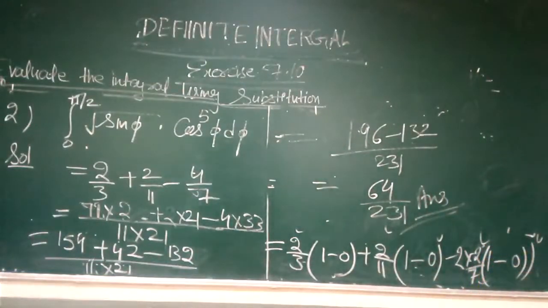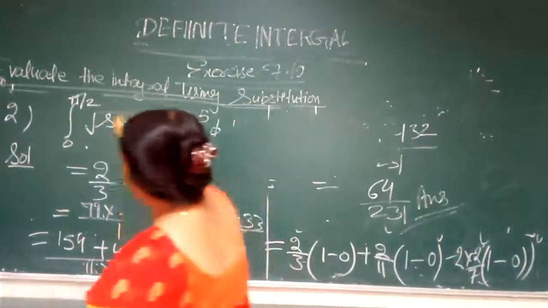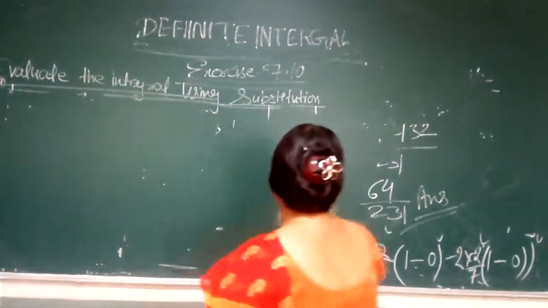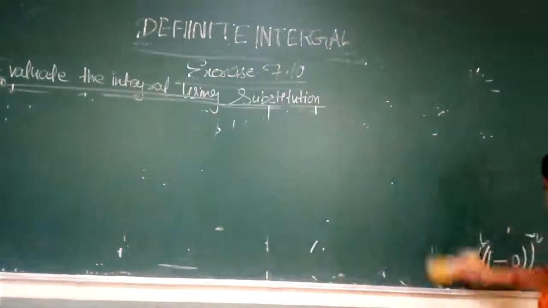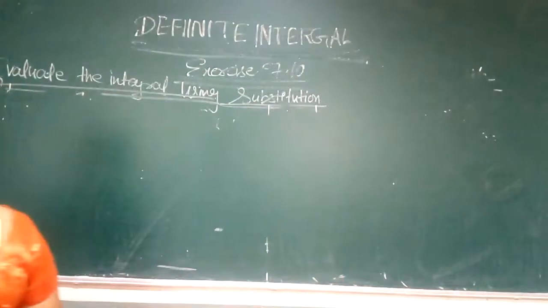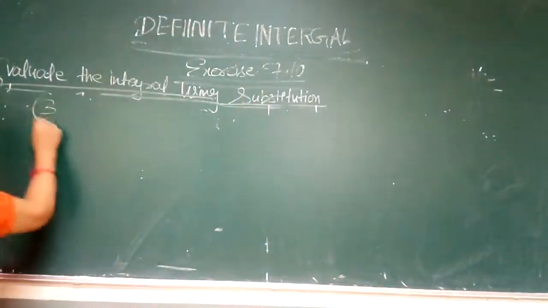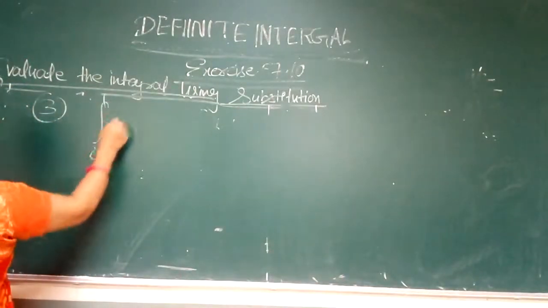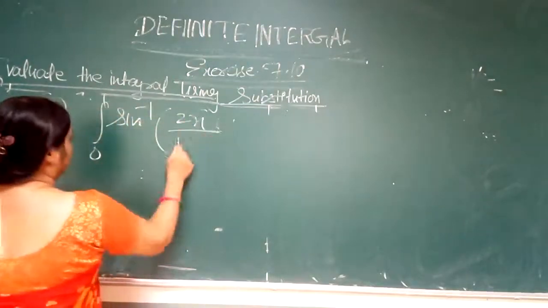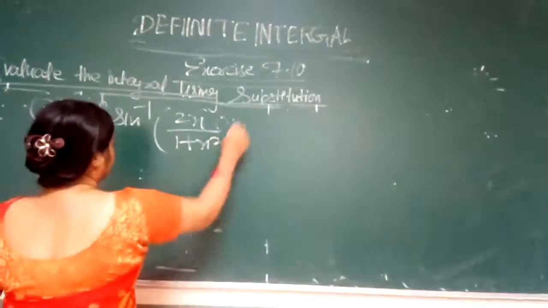Now students, after that we will solve the question number 3rd. The 3rd question is integration of 0 to 1 sine inverse 2x upon 1 plus x square dx.